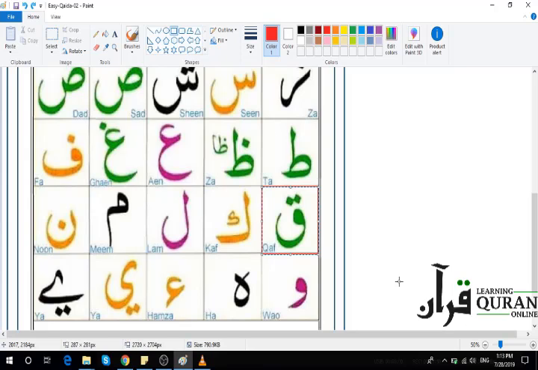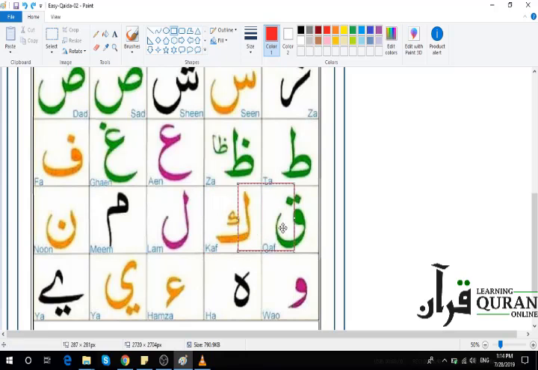Always remember that when you see this shape and there are two dots, read it with a light, hard voice: Qaf. There is another letter whose sound is a little bit the same, but there is a huge difference in the translation when you read the Quran, and if you make mistakes between Qaf and the next letter, the meaning will change.